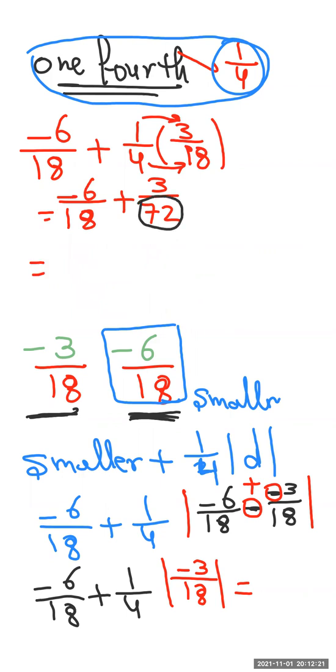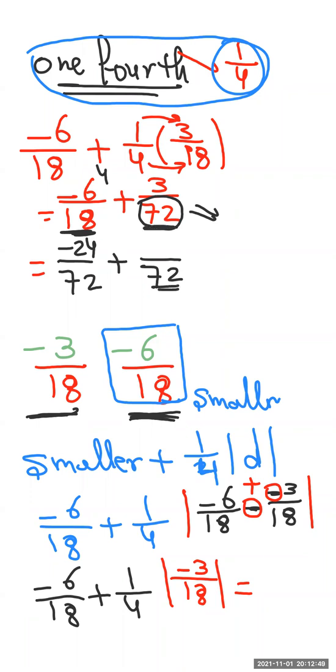We said that it's always the second one, so 72. Now 72 divided by 18 equal 4 times -6 means -24. And the second number, 72 divided by 72 is 1 times 3, so 3.